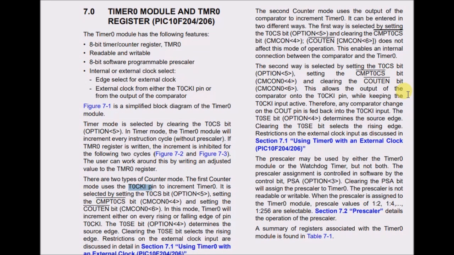Therefore, any comparator change on the Cout pin is fed back into the TOCKI input. The TOSE bit determines the source edge. Clearing the TOSE bit selects the rising edge. Restrictions on the external clock input are discussed in section 7.1, Using Timer0 with an external clock, but we're not even using those chips anyway.